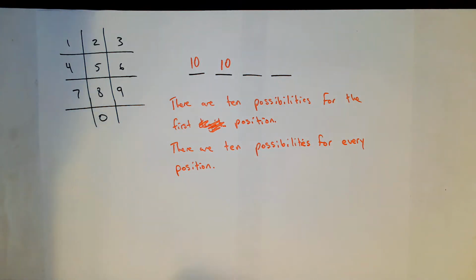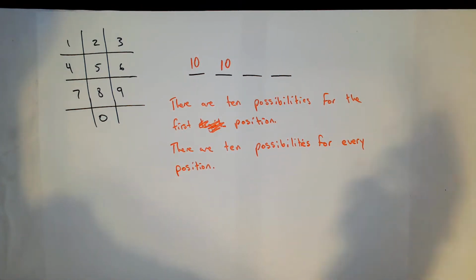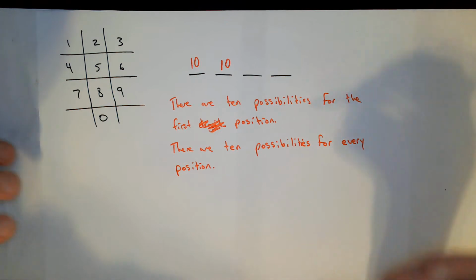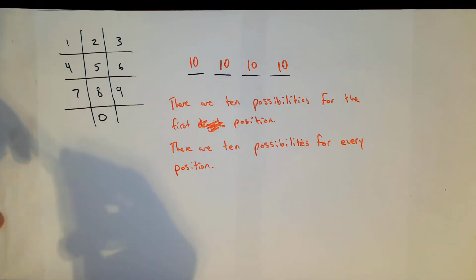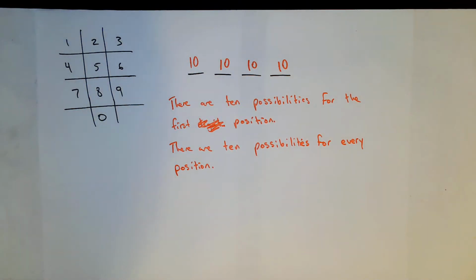There are 10 digits, so there are 10 possibilities for each one of the 4 positions. Now, what if we knew something about the code already? Like, this is grandma's phone, so she probably uses 1, 2, 3, 4, or 0, 0, 0, 0. We're not getting into that. This is just a completely random code. 10 possibilities.